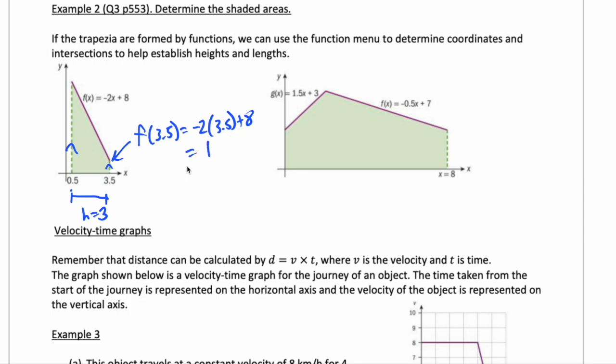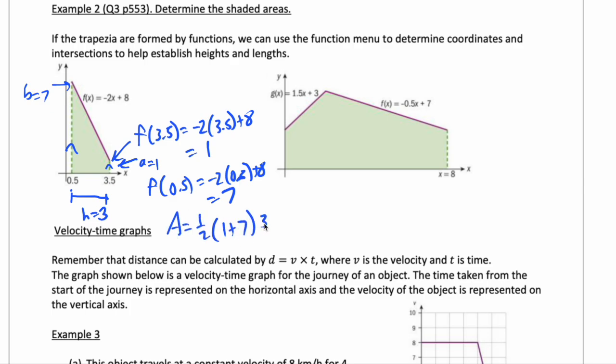So that side length is 1. It's called a. And back here we can do f of 0.5, and we get 7. That's b equals 7, I guess we could say. So the area is half times 1 plus 7 times 3, which is half of 8 is 4, times 3, which is 12.